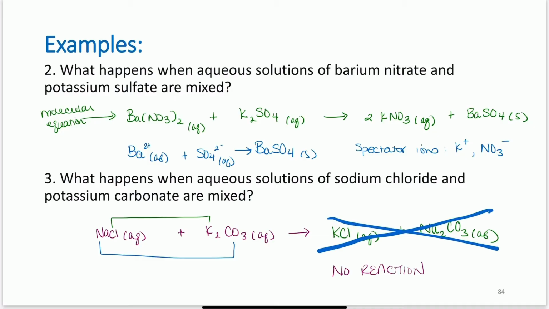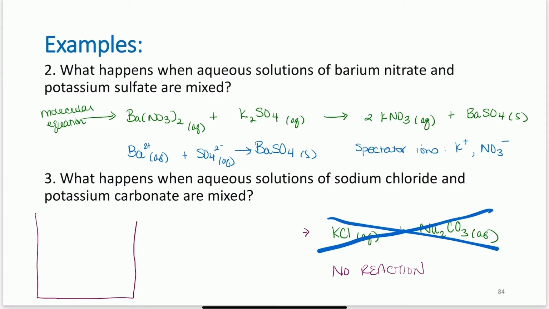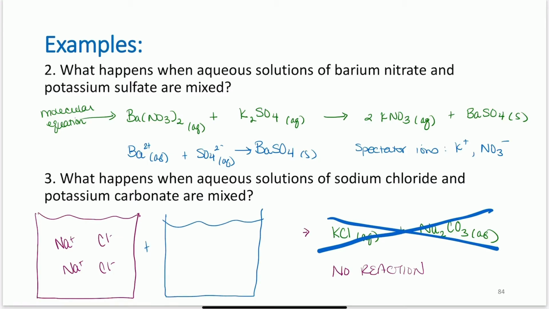The reason is, and if you need to write any of this down, pause the video, but the reason is what actually exists in solution here. We started out with a solution of sodium chloride in one containment. So sodium ions floating around, chloride ions floating around. We added this to a mixture of potassium carbonate.